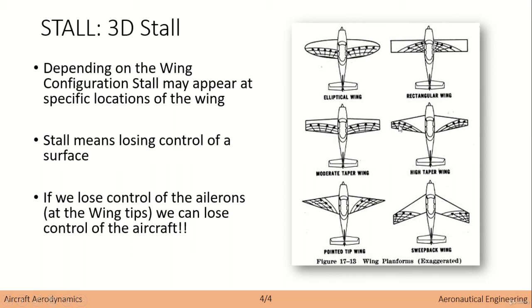And we need to recover from the stall in a way which is not using the ailerons, because the ailerons are not useful, because the flow is completely detached. So there's no way to recover from that, okay? If we lose control of the ailerons, for instance, we will probably lose control of the aircraft. And what we need to do is have active systems or passive systems which are able to control in a very effective way, okay?